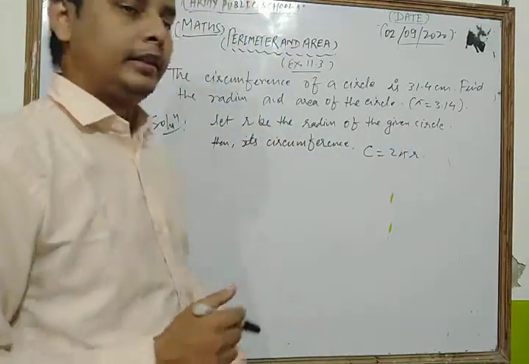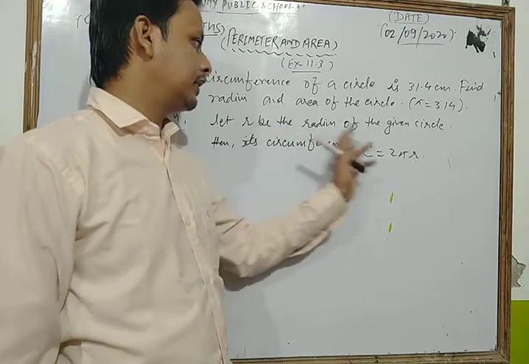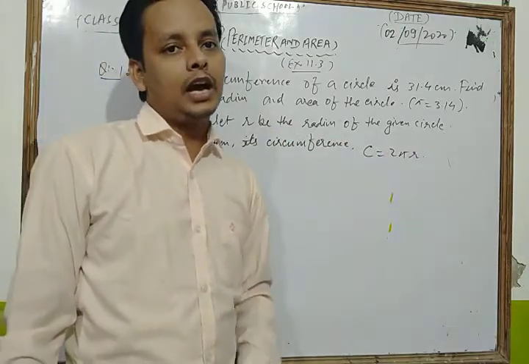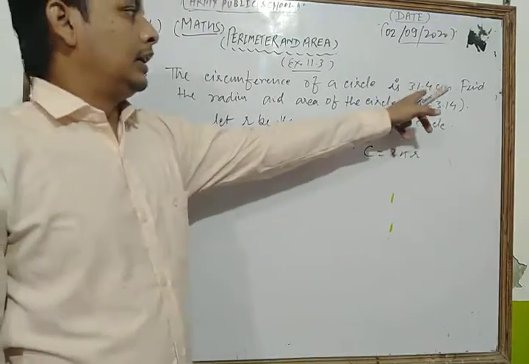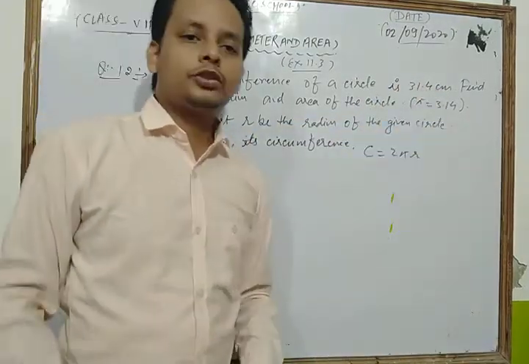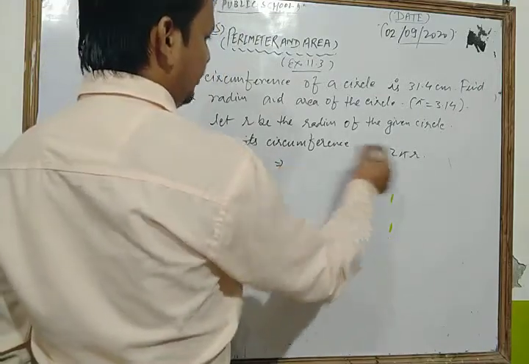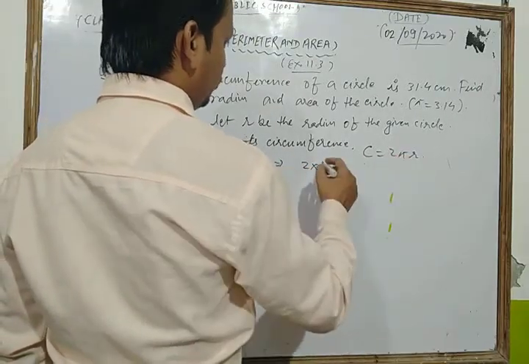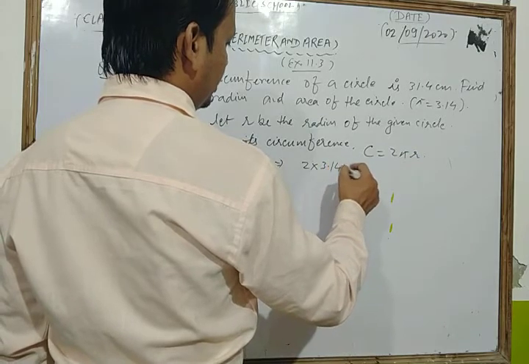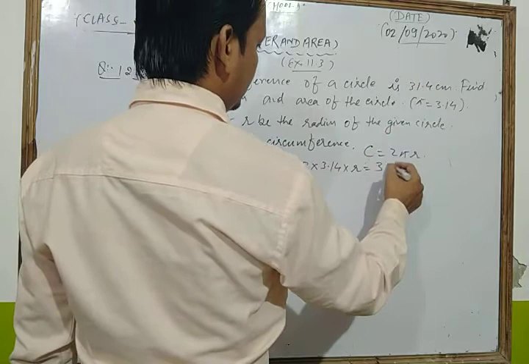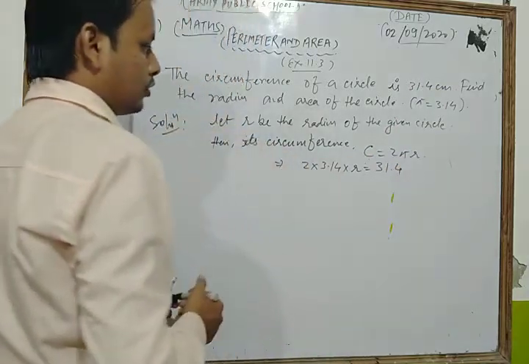Dear students, if r is the radius of the circle, then its circumference will be 2 pi r. Now in this question the circumference is given as 31.4, so we put 31.4 equal to 2 into pi, where the value of pi is taken as 3.14, into r.